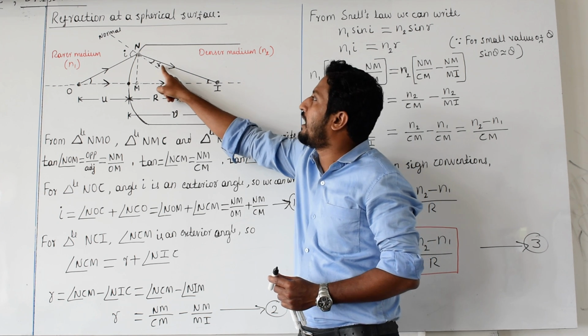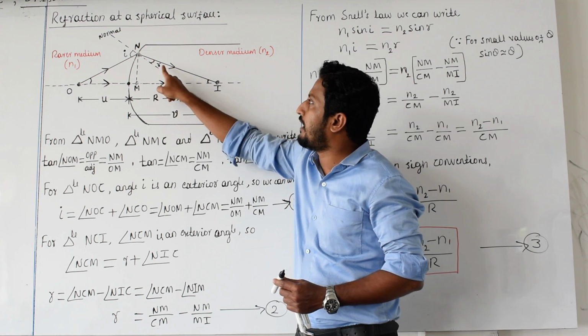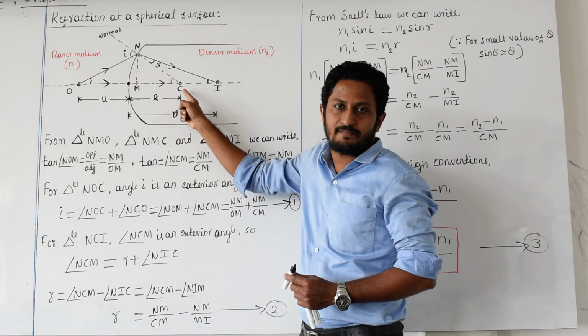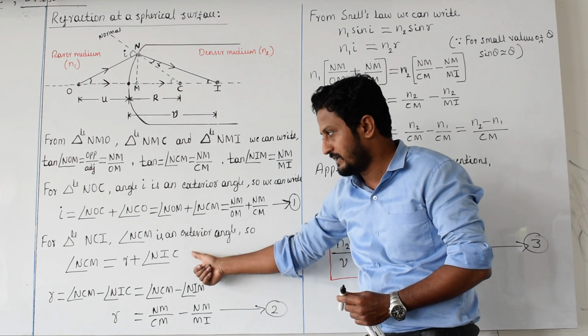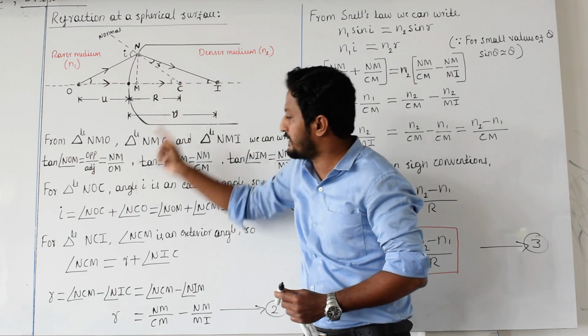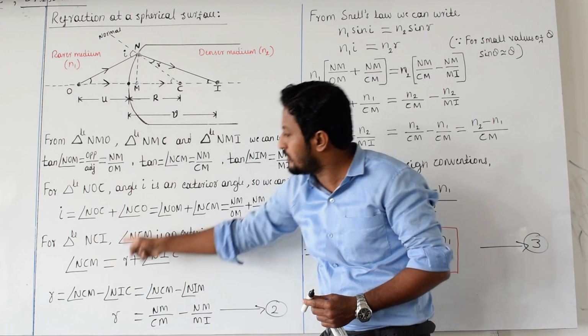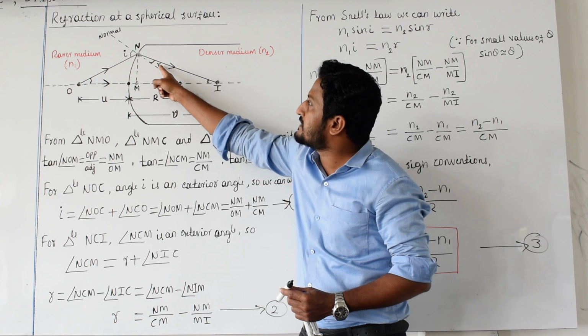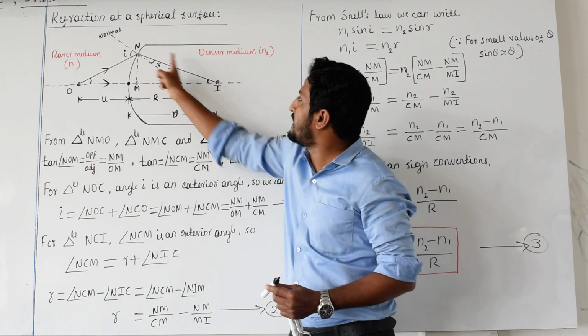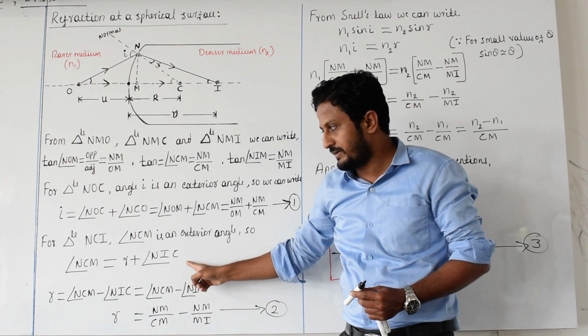I mean r. This angle is r plus NIC. That I have written here. Okay, the exterior angle NCM is equal to the sum of interior angles r plus NIC. Here I write.